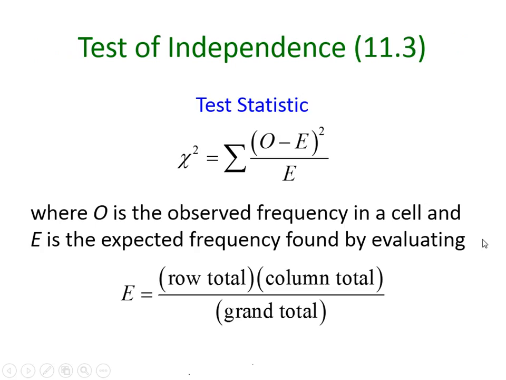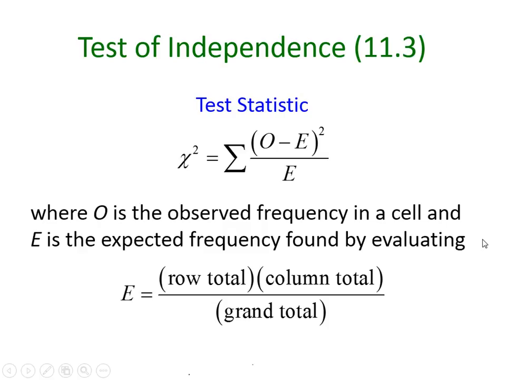So to do our test of independence, we're going to be doing a chi-squared test. Notice this is coming from having categorical data, where we're looking at how many we're observing in each of these different categories.